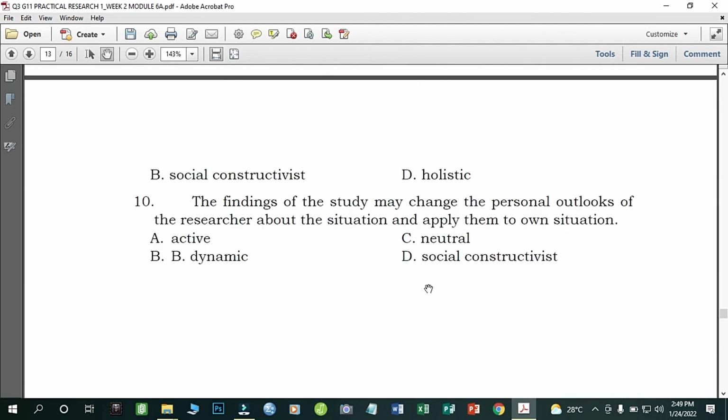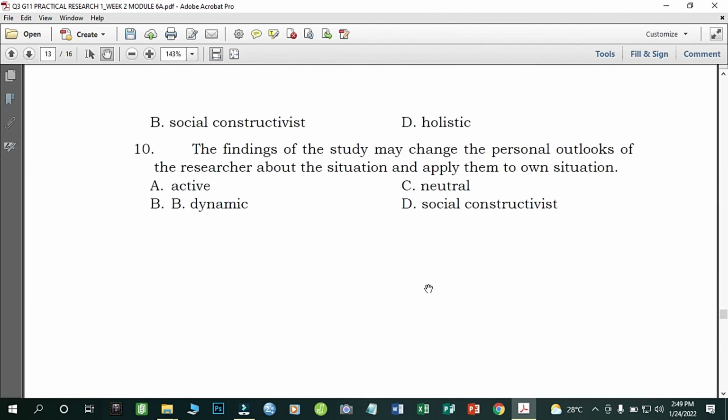Okay, number 10, the findings of a study may change the personal outlooks of the researcher about the situation and apply them to their own situation. A, active; B, dynamic; C, neutral; D, social constructivist. Okay, the correct answer is letter D, social constructivist. Okay, so I hope you got all the correct answers in our exercise.